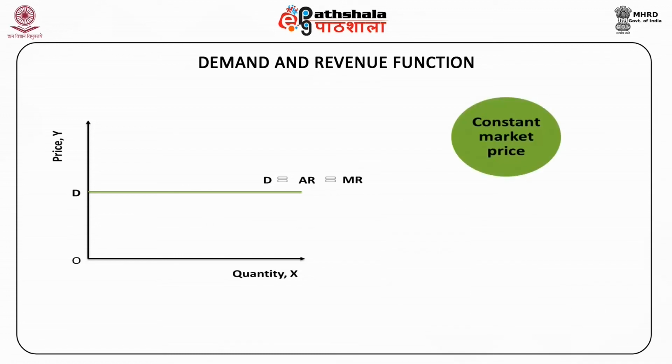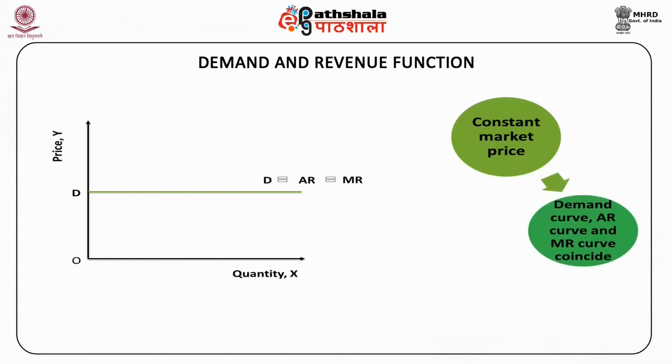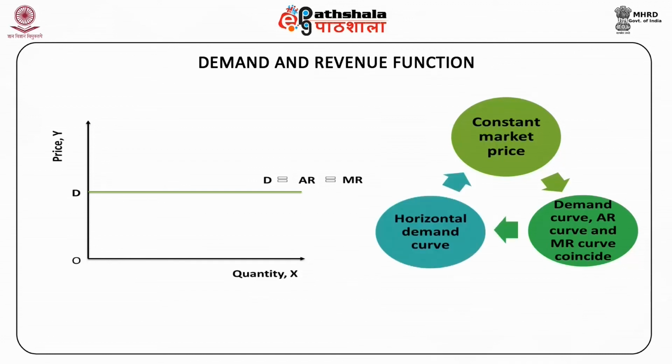Because the market price is unchanged by any variations in the output of an individual firm, the demand curve, the average revenue curve, and the marginal revenue curve of the same firm coincide and become a horizontal line parallel to the output axis. The total revenue of the firm in a competitive market rises in direct proportion to the output so that it slopes upward from left to right.